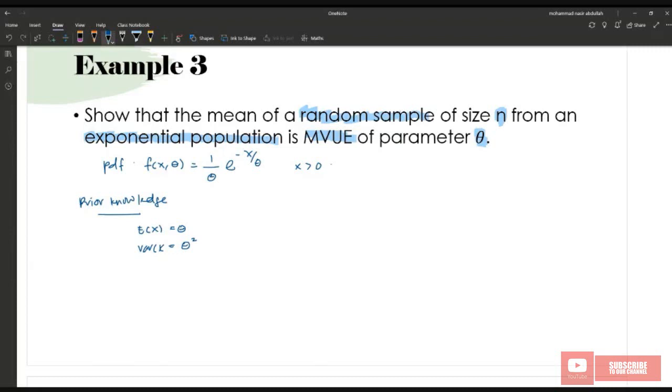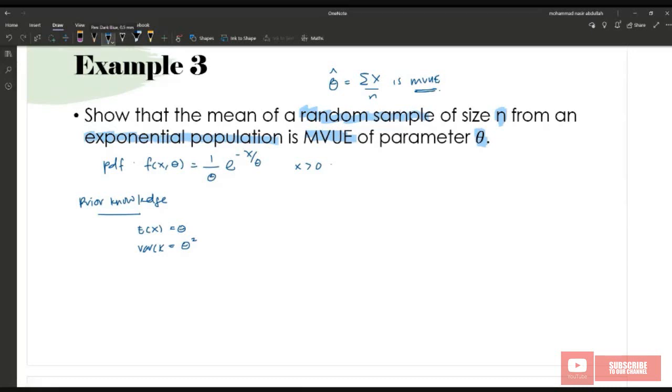So this question is not finished yet. We want to know whether theta hat equal to summation of x over n is the MVUE, right? So we want to know whether the estimator theta hat equal to summation of x divided by n is the minimum variance estimator of parameter theta.